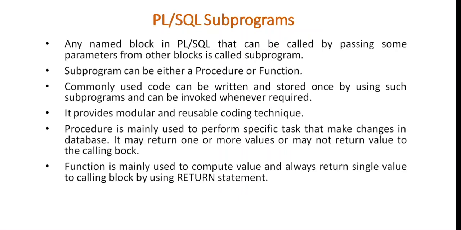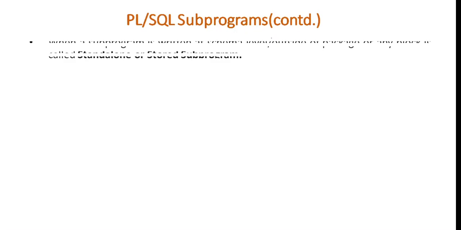Functions are mainly used for computations, and a function always returns a single value to the calling block by using a return statement. Okay, and a function never changes the state of the database. It is used for computation purposes only, and a procedure is used to change the state of the database by performing certain tasks.